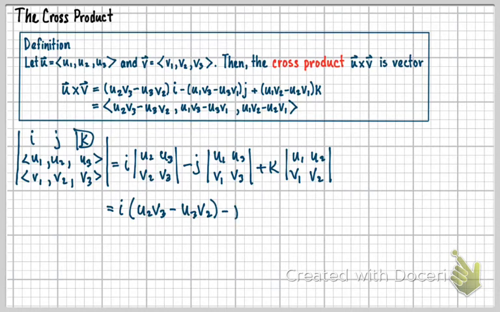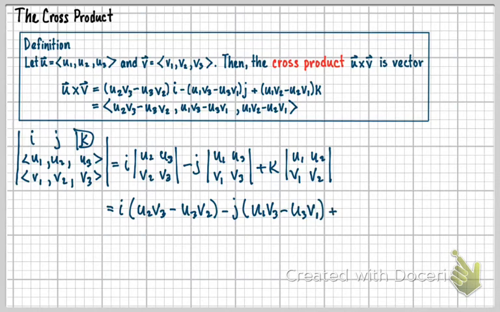And then I have my negative J here. And that's going to be those two first, so that's going to be U1 V3 minus U3 V1.